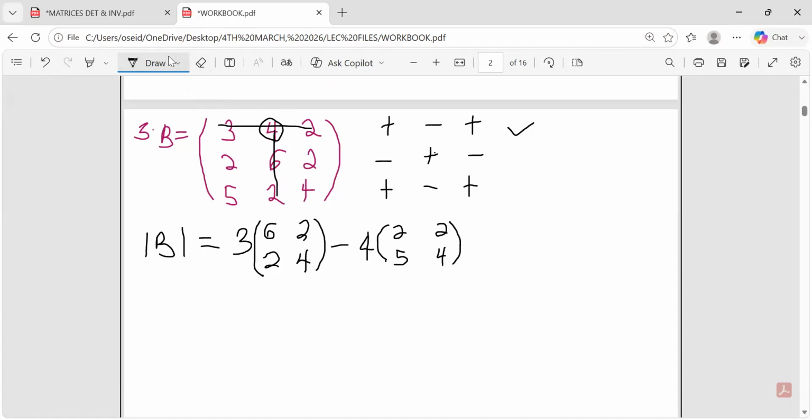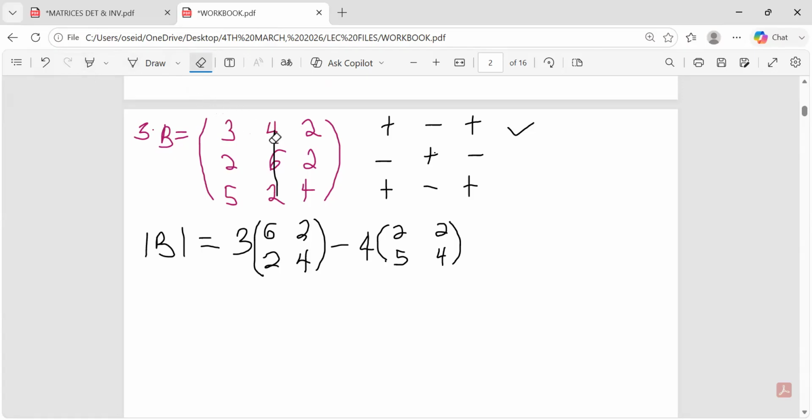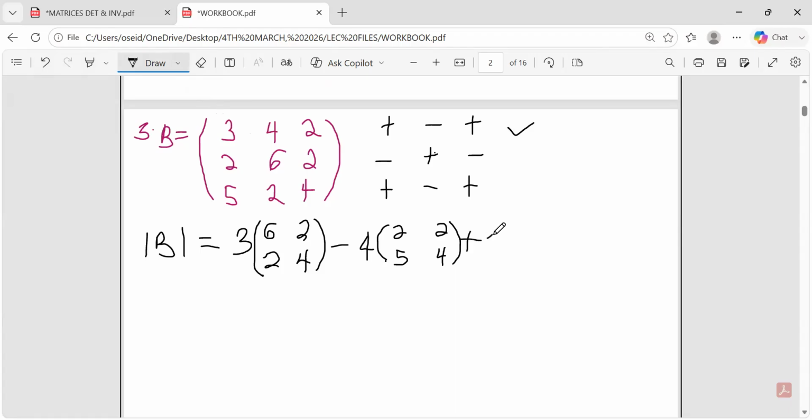So move on to the next one. The next one says plus 2.